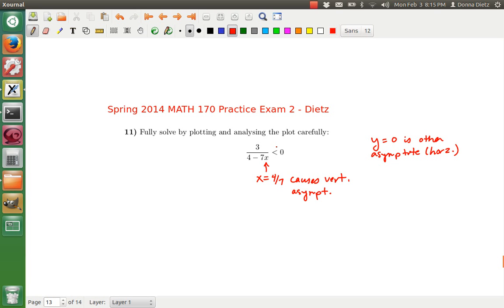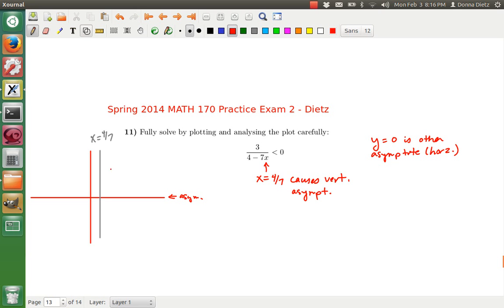So that's not that surprising. Those are your two pieces of information that will help you plot. So we know this is an asymptote here, and there's another asymptote, x equals 4/7.